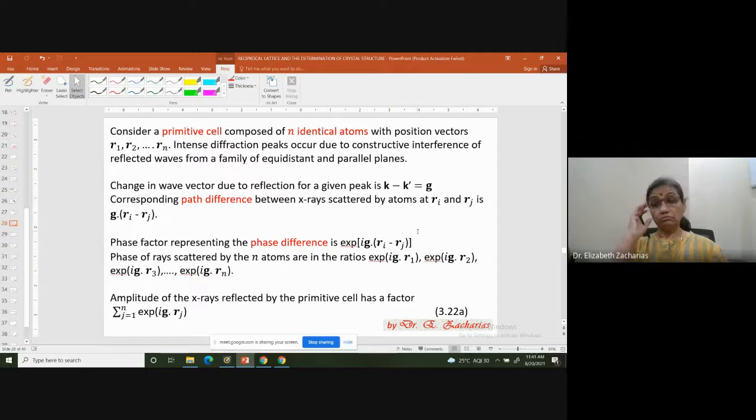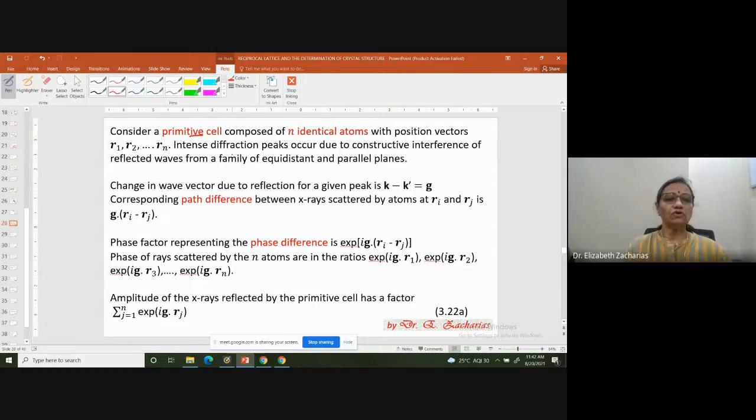So before we get into it, let us look at the physics of it. First you consider a primitive cell. You know what a primitive cell is? A primitive cell is one in which there is only one lattice point. And attached to that lattice point, you may have 1 atom, 2 atoms, 3 atoms, the basis.